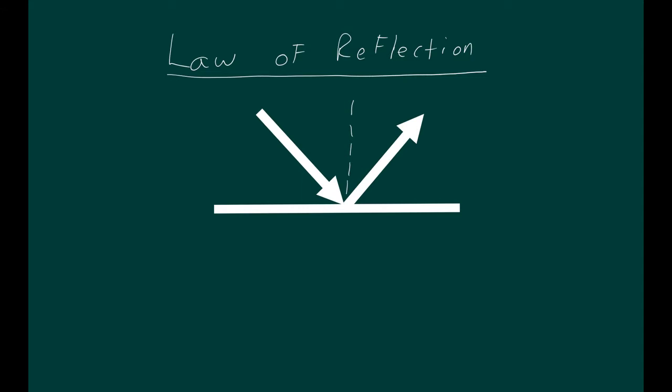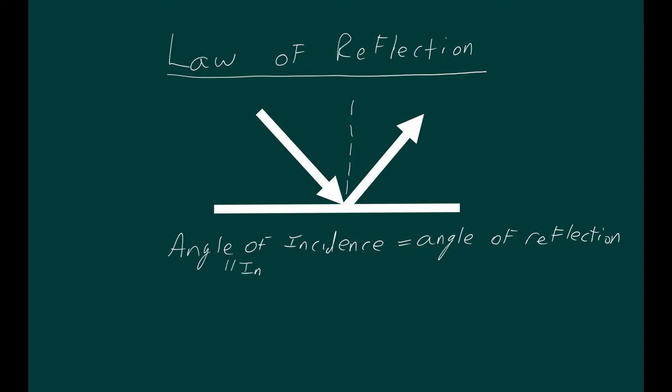The law of reflection says that the angle of incidence has to equal the angle of reflection. Angle of incidence is your incoming light. And your angle of reflection is the outgoing light.